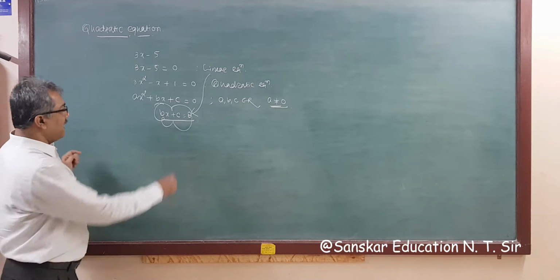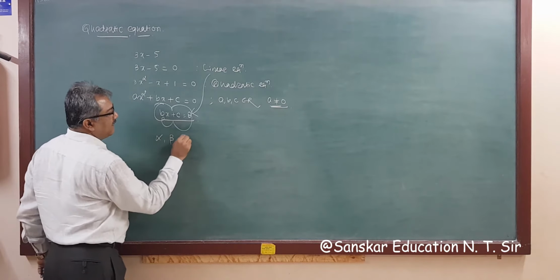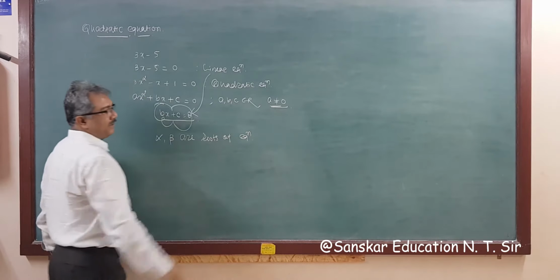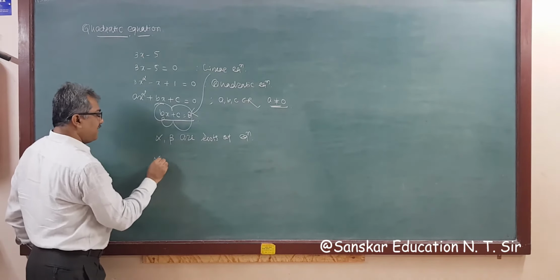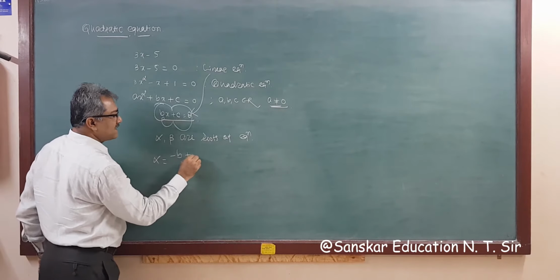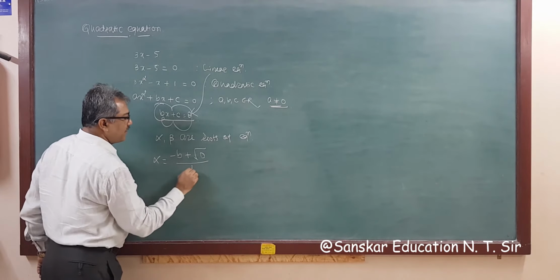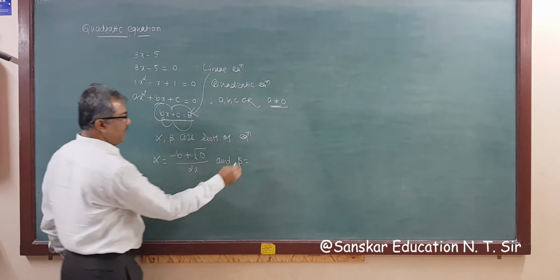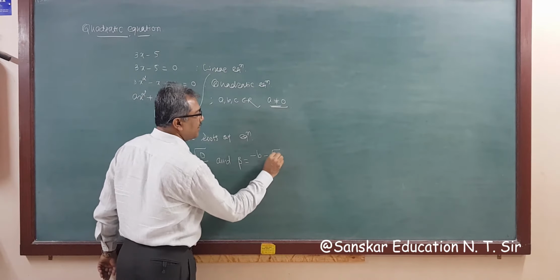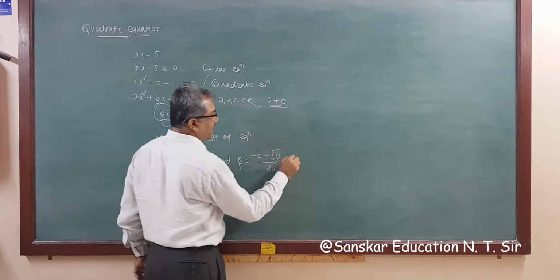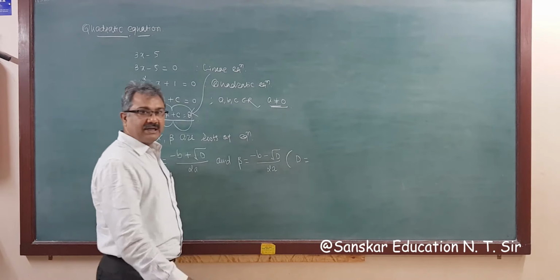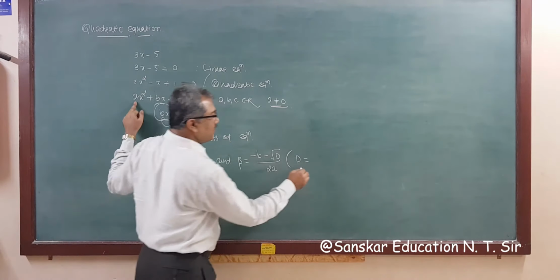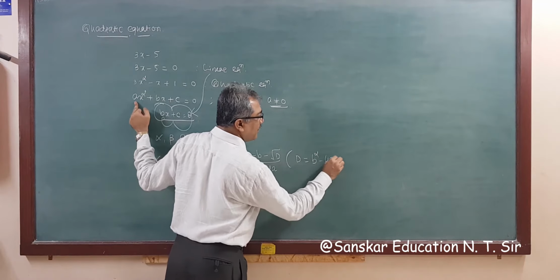Now if alpha and beta are roots of the equation, then alpha is equal to minus b plus root d upon twice a, and beta is equal to minus b minus root d upon twice a, where d is equal to... you know what comes for this equation, right? d is equal to b square minus 4ac.